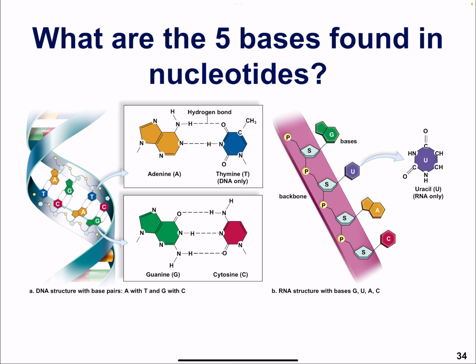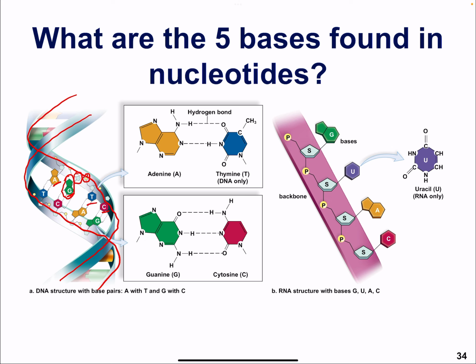So here we have DNA, which is a double-stranded molecule, right? That double-stranded molecule has nucleotides, and this nucleotide has a phosphate group right here, a 5-carbon sugar, deoxyribose, and a nitrogenous base, right? That nitrogenous base can be adenine, can be guanine, can be cytosine, can be thymine.